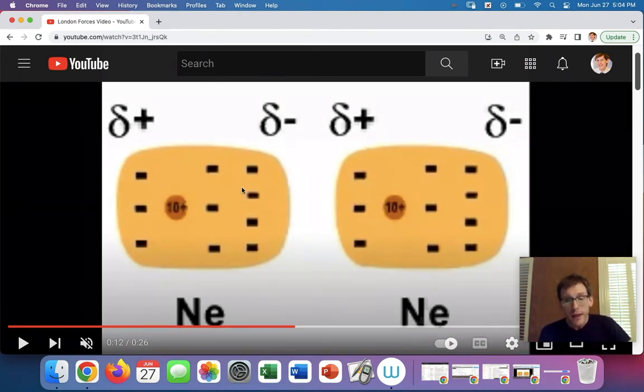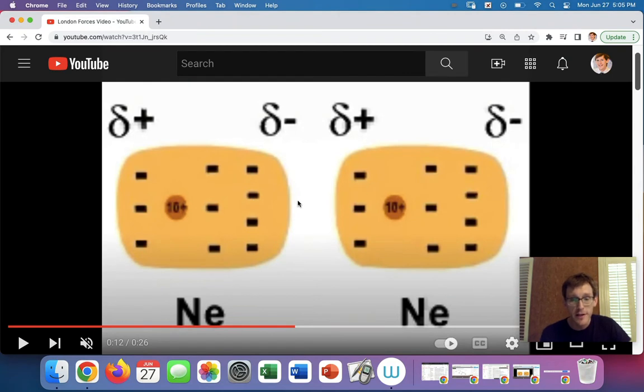And if there's another neon atom nearby, then maybe it responds to this momentary asymmetric distribution of electrons, and its electrons are repelled by the electrons on this atom, and we get a partial positive lining up with a partial negative on adjacent atoms.